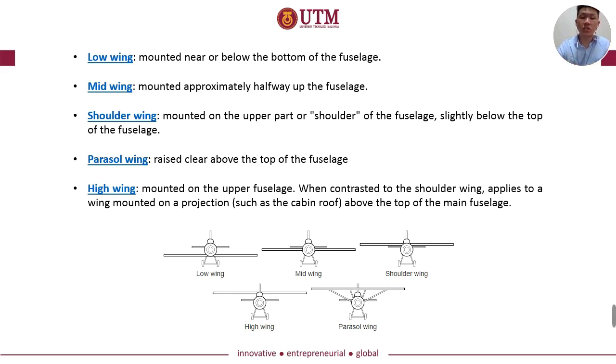Parasol wing means the wing rises clear above the top of the fuselage. And last but not least, the high wing, which we decided to use in our design, is the wing mounted on the upper fuselage.